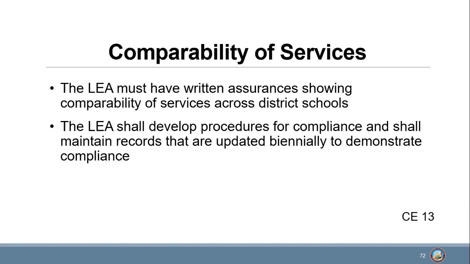And again, you know what these are. In addition to that, whether a school gets a VP is equitable and comparable across all the sites at the district level. And then you have procedures that show that this comparability exists at the site.